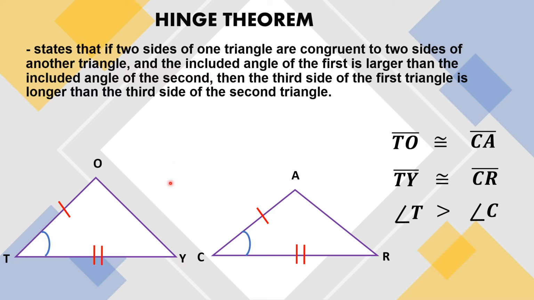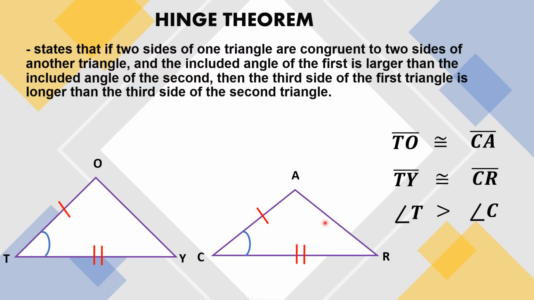In the last part of the definition of the Hinge Theorem, it says that the third side of the first triangle is longer than the third side of the second triangle. Where is the third side of our first triangle? It is the side without a tick mark. In the other triangle, the third side is side AR.